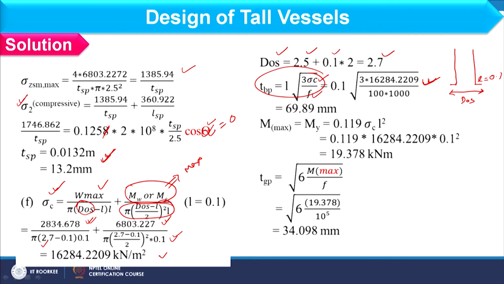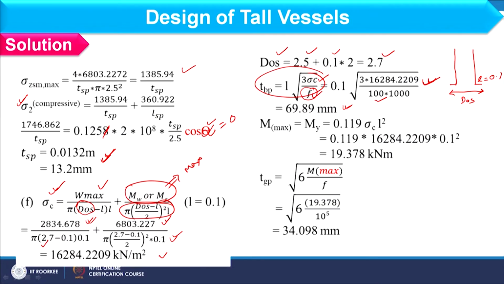Considering all these values here, we can obtain thickness of bearing plate. Now, if you see, F is basically the allowable stress of the material of support plate, and that is given as 100 mega Newton per meter square if you see the problem, okay. So, that value we can use here also, okay. Considering this, bearing plate thickness we can obtain as 69.89 mm.